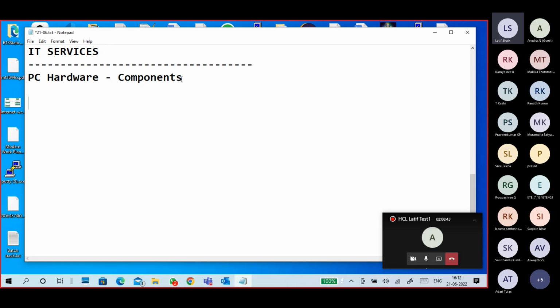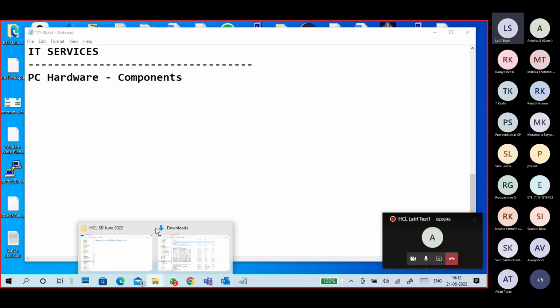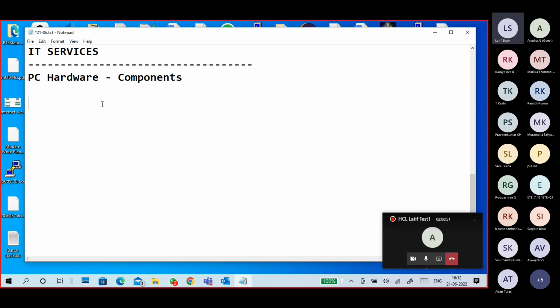okay, to see the different components, I have one PPT, so 2-3 PPTs are there. But initially I will show you directly with a Google search.